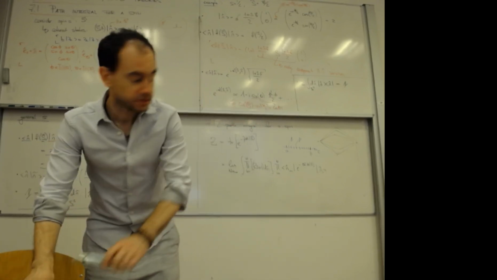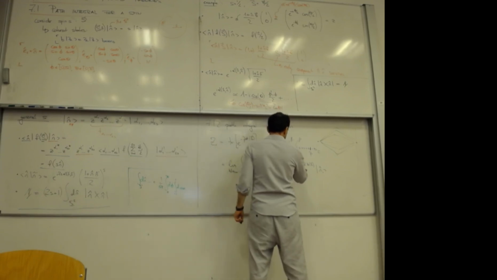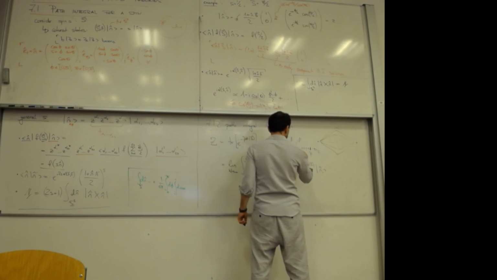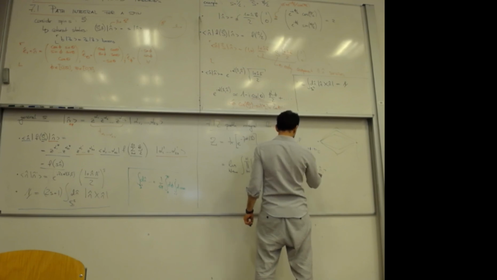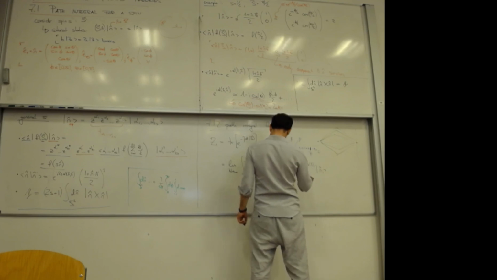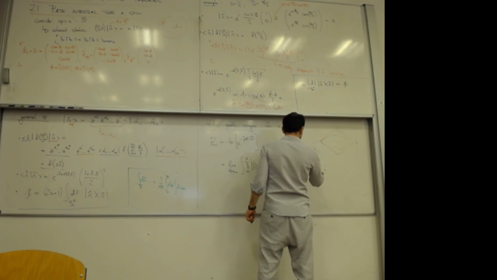So what we're doing is, when we do such a partition of unity, for example, at this point here, we insert n1, n1. I start from here, I call it n1, n1.